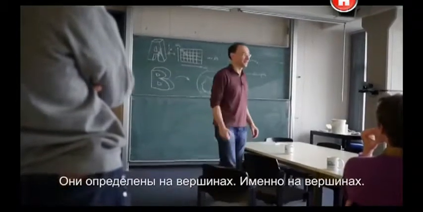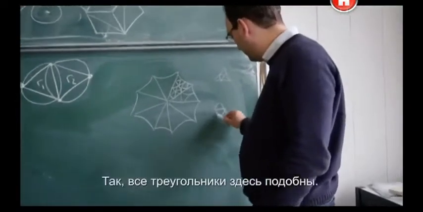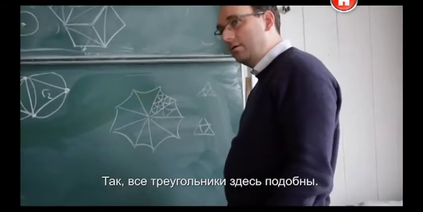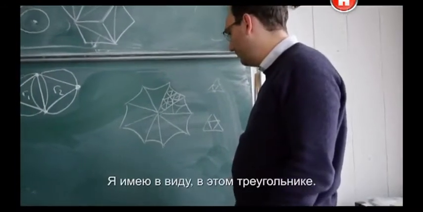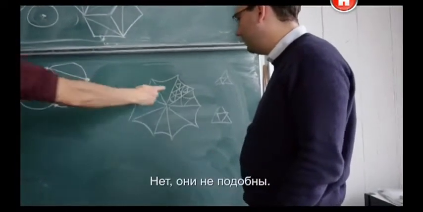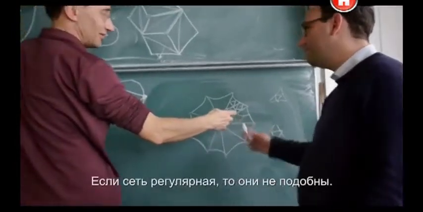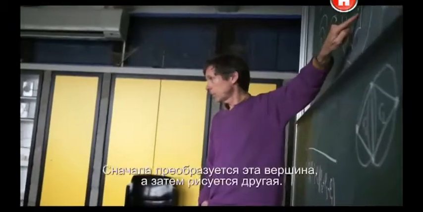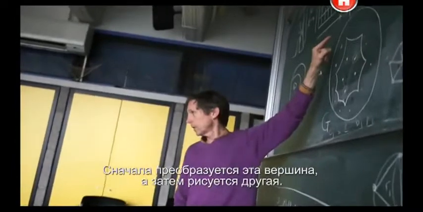Exactly at vertices. So then all the triangles here are similar. I mean, in this triangle. Yeah, they're not similar. Here, in Euclidean case... Yeah, if it's regular, they're not similar. To transform this vertex first and then draw the edge.